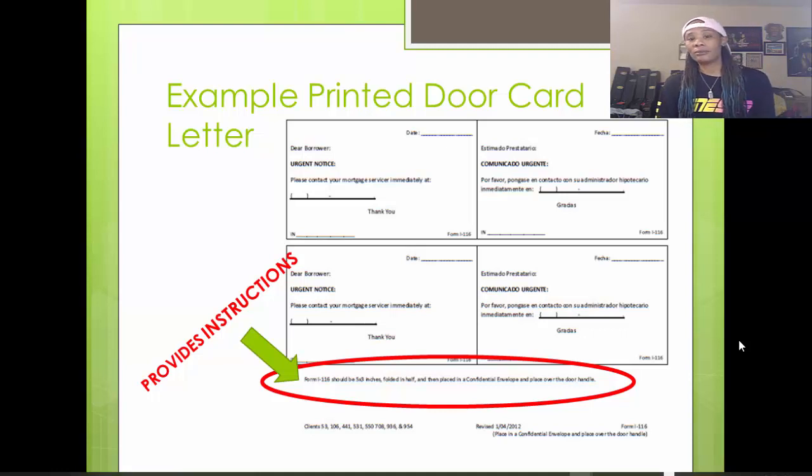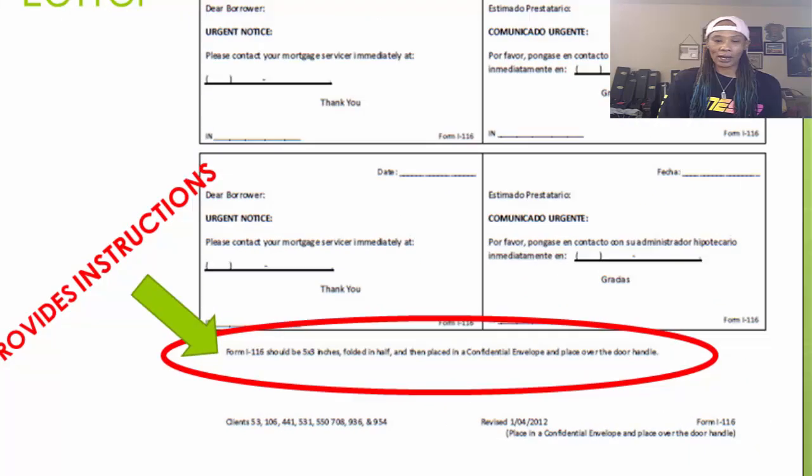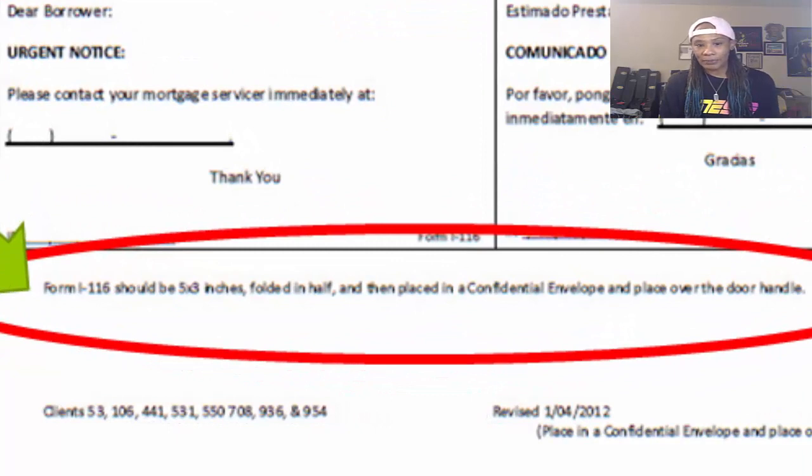Now, this is one example of a door card, and as you can see, where I've circled down at the bottom, the form has a particular number.